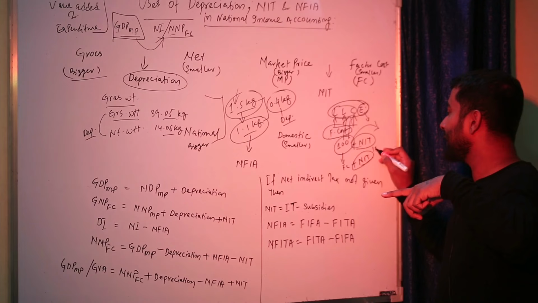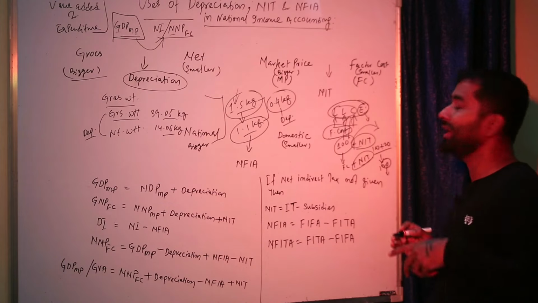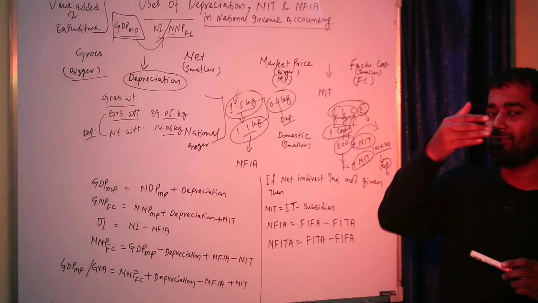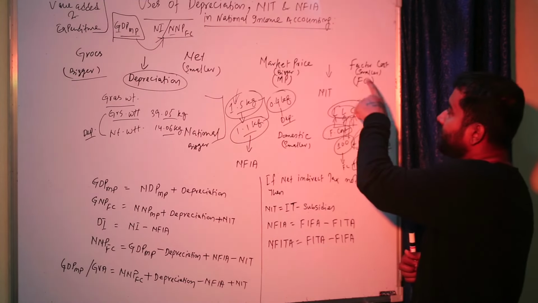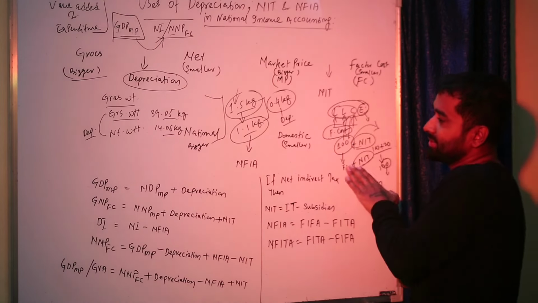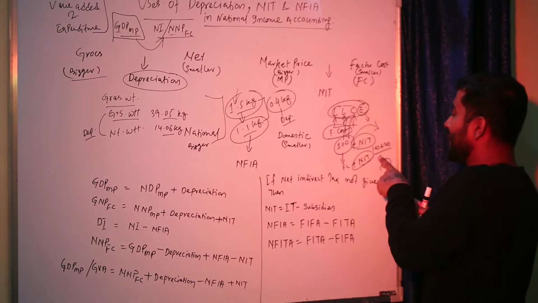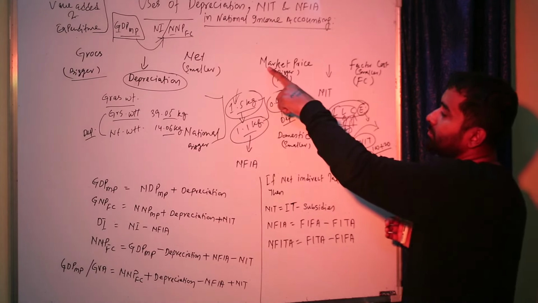Say the factor cost is 100 rupees and you include 20 rupees, so the price is 120. This 20 is known as the NIT. Now the point is very clear. The market price is bigger than the factor cost, which is the cost you actually incurred for producing goods and services. In this you have added 20 rupees as NIT for making the market price.